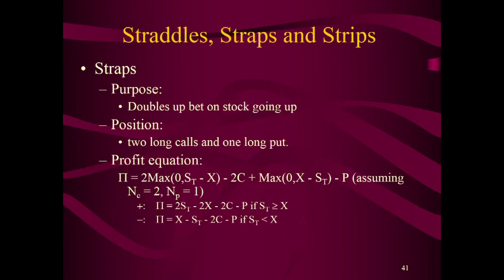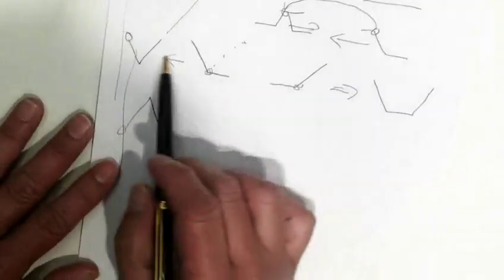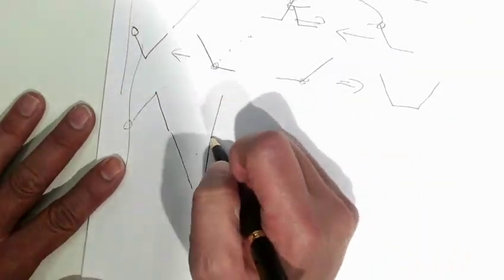Okay, finally we look at two other things before we wrap up the chapter, and these are straps and strips. So you find that you can combine it in any manner for any strategy. Now, however, if you think that it is more likely to go up than go down, but you're not sure, right?